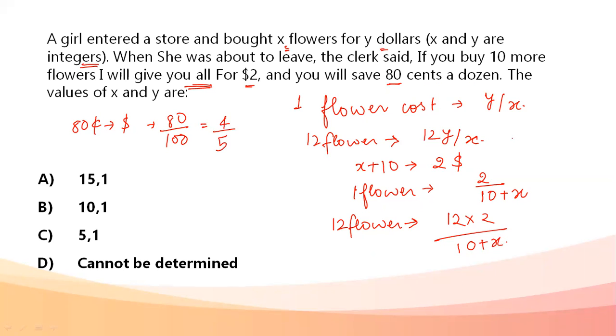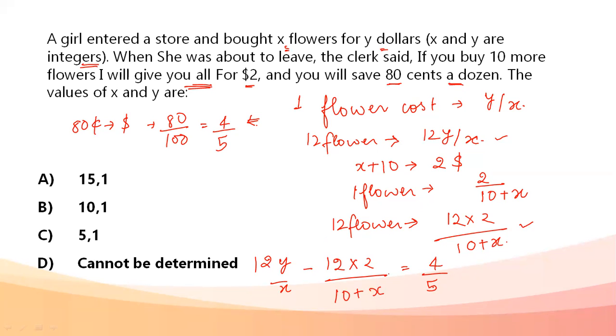So if I take the difference between what I paid initially and what I'm going to pay now, 12Y by X minus 12 into 2 divided by 10 plus X equals 4 by 5. This is what my equation reduces to.